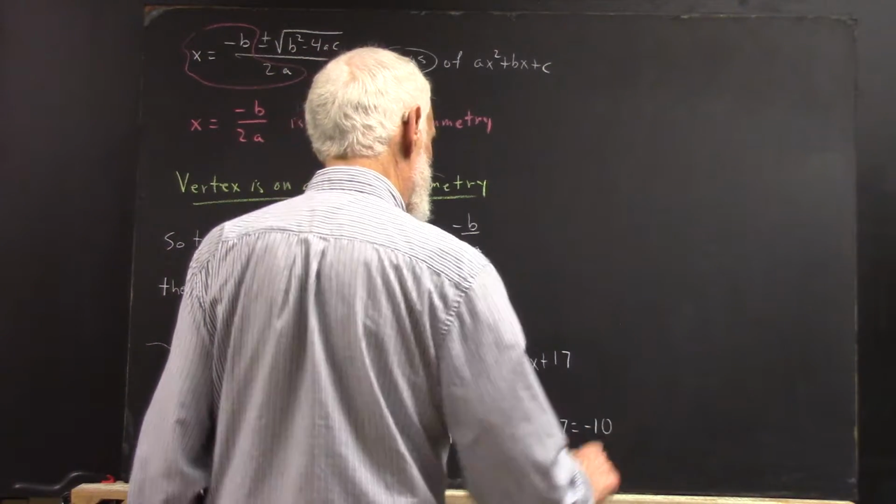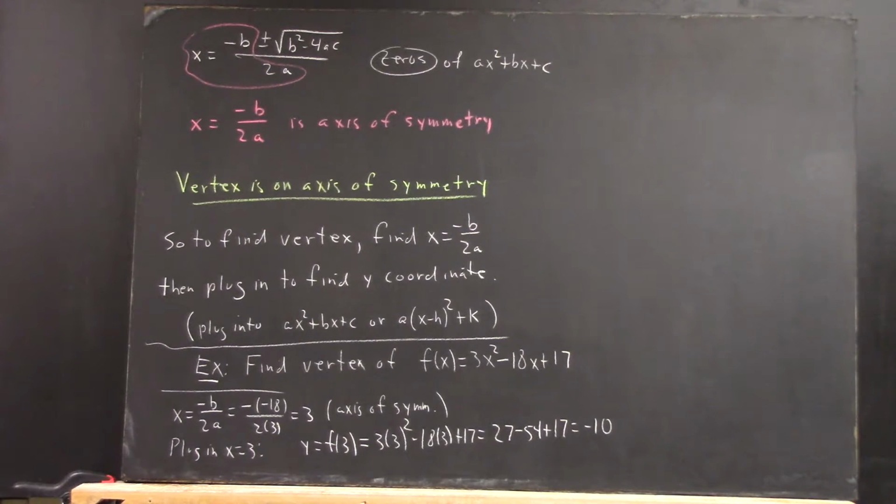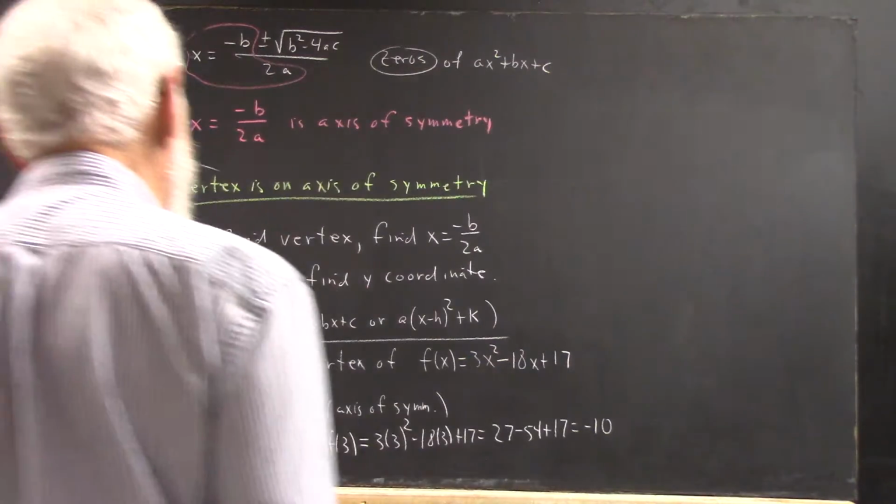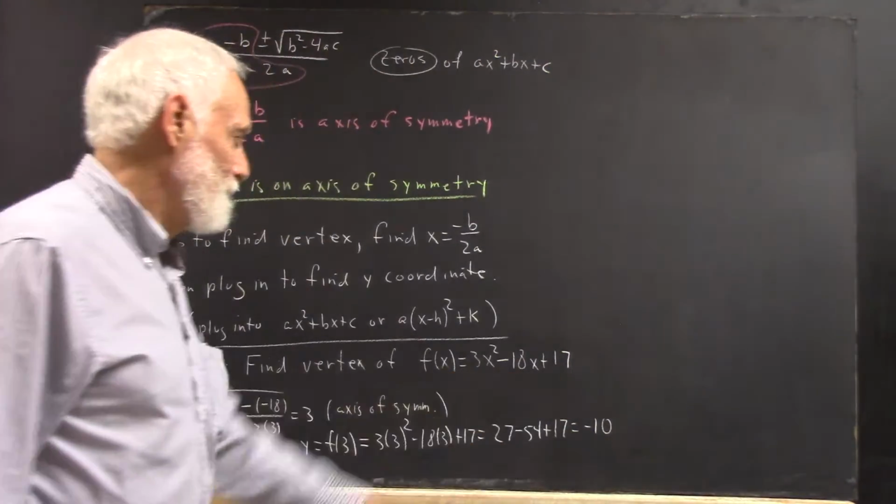I saw at least one person had negative 10. I looked at it carefully and said, yeah, he can do arithmetic. Okay? And then some of the rest of you got it, okay? This is very good, very good.